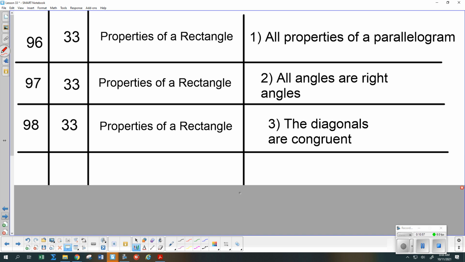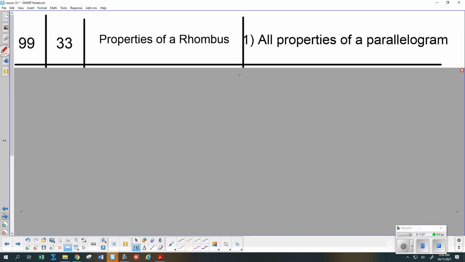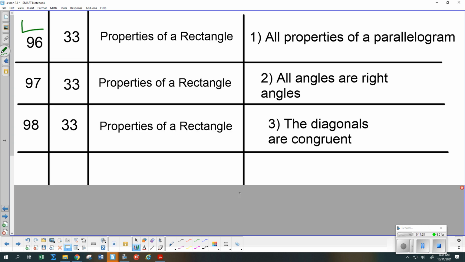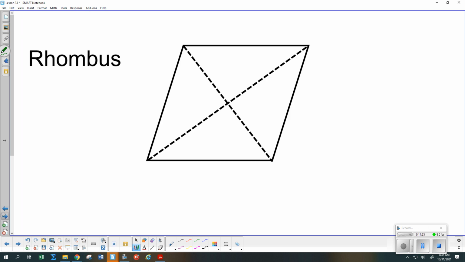And then we get to move on to a rhombus next. So a rhombus is a parallelogram, but it's not necessarily a rectangle, but it is a parallelogram. So all of those things that are true about a parallelogram are also true about a rhombus. And I draw a little rhombus here. I think I forgot to draw one on the rectangle set. I just find it helpful to have something here to catch my attention real fast as I'm going through those.